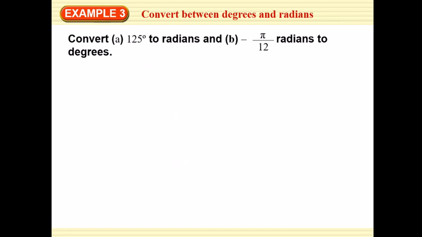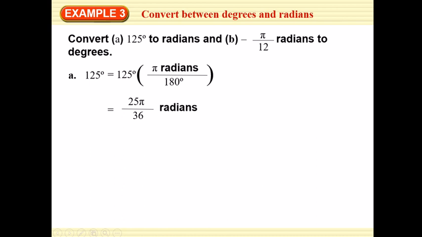Alright, so looking at an example here, convert 125 degrees to radians, and then convert negative pi over 12 radians to degrees. So in order to do this, I need to multiply by pi over 180 degrees. And I would get 125 pi over 180, or 25 pi over 36.